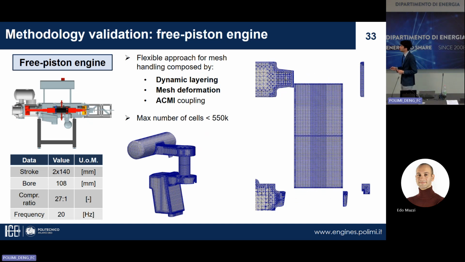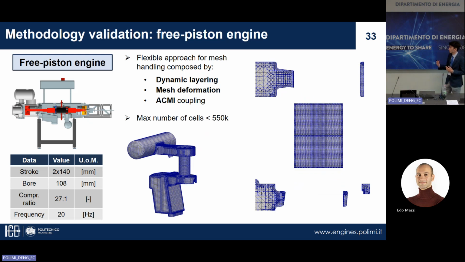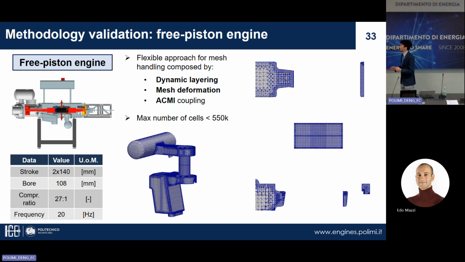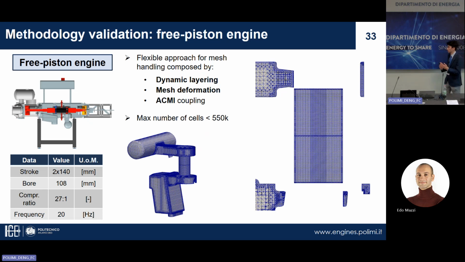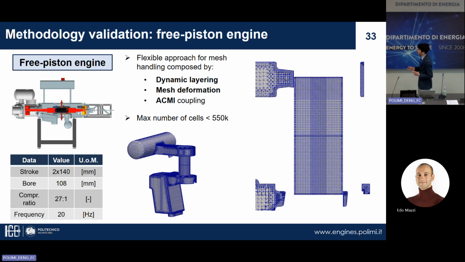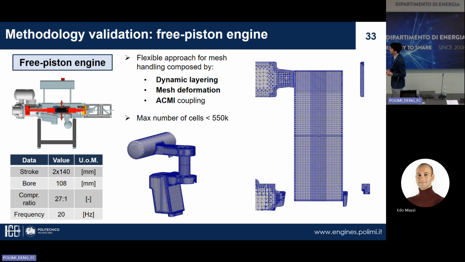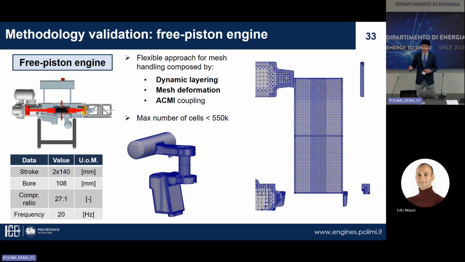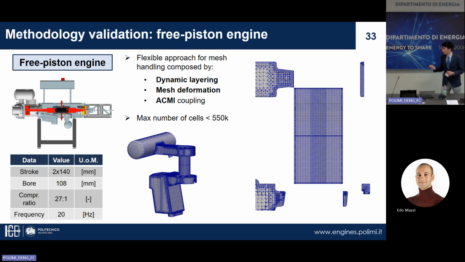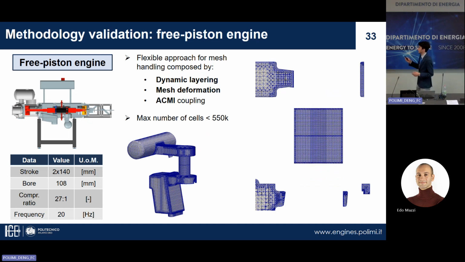Then we also use mesh deformation, because when the pistons approach the inlet and exhaust ports, we stop adding layers and start the deformation of the mesh. Here you can see that there is no more adding of cells, just deformation of the region. And then we use again the ACMI coupling to couple the combustion chamber with the intake and the exhaust duct.